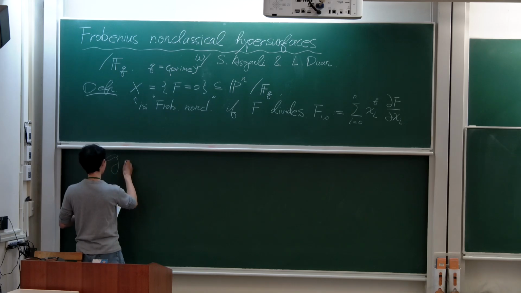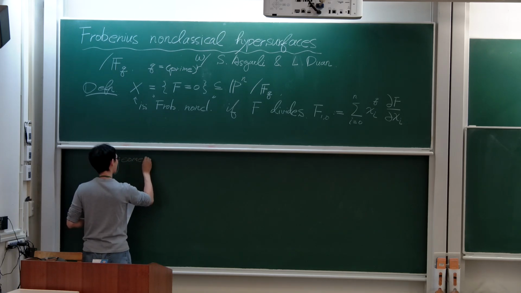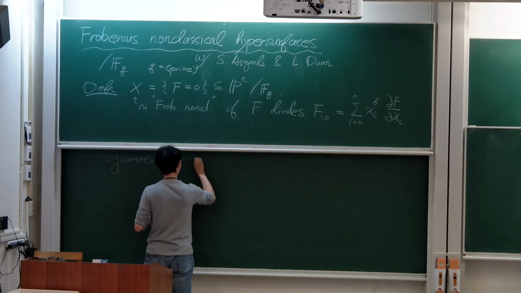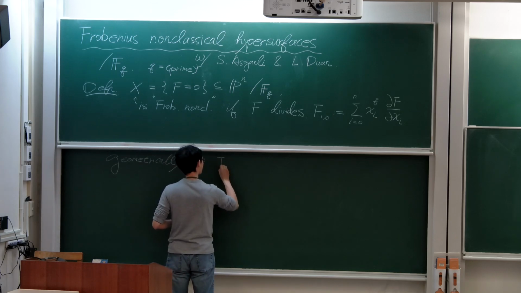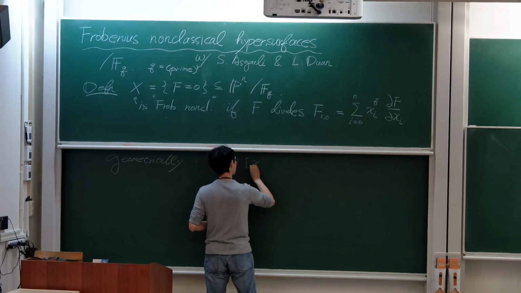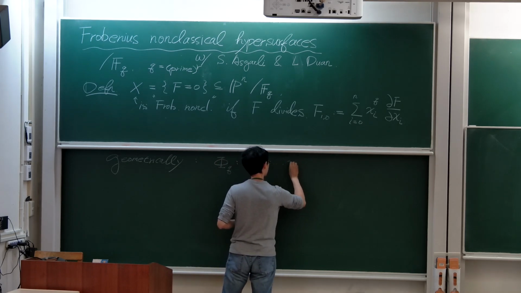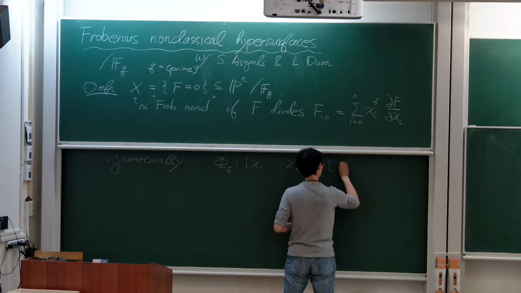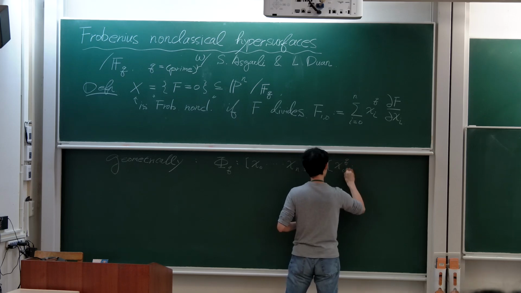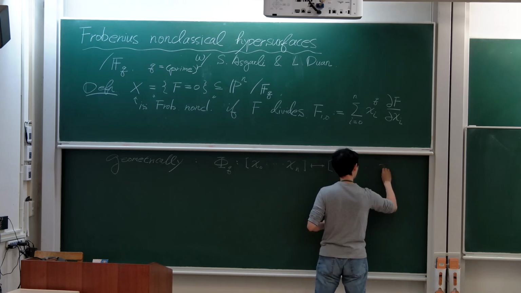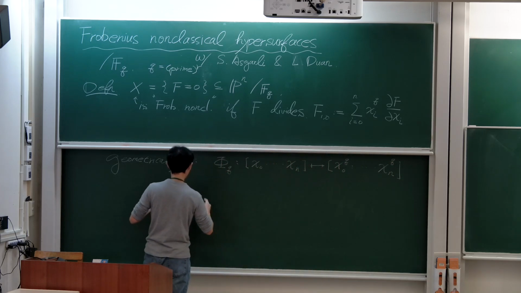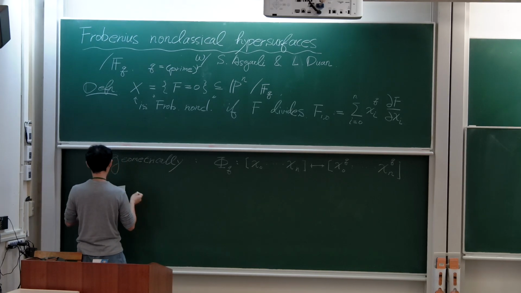Geometrically, let phi_q be the Frobenius q-th power action, which maps (x0, ..., xn) to raise every homogeneous coordinate to the q-th power. Okay, consider this Frobenius endomorphism.